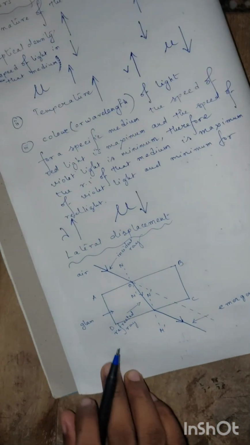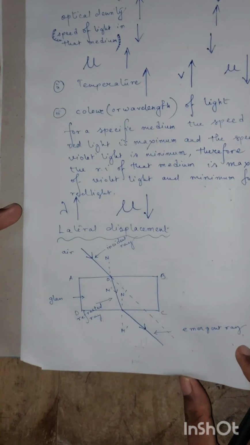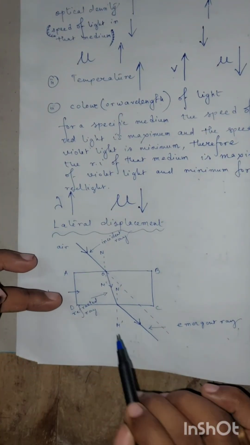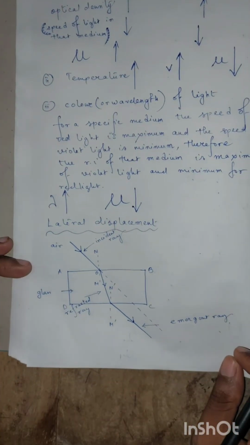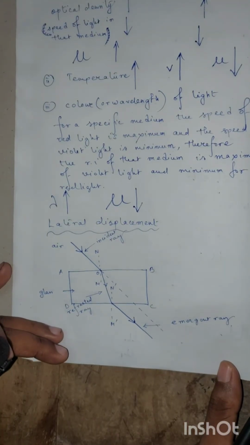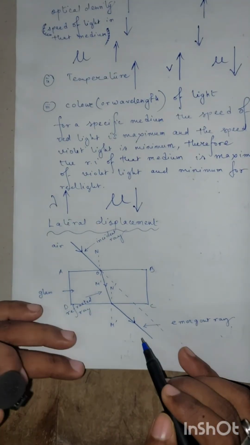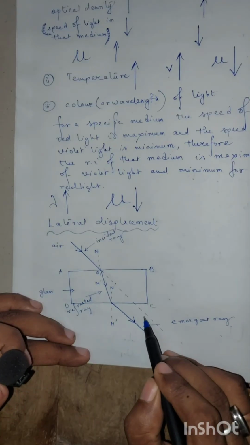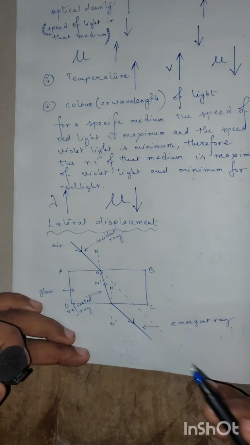But when we place a glass block in its path, it gets refracted two times, and the emergent ray becomes parallel to the incident ray.